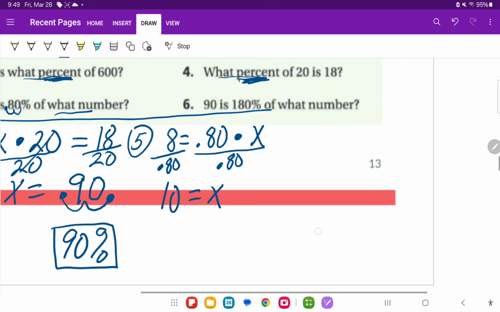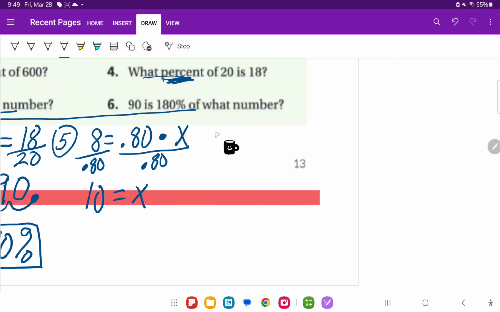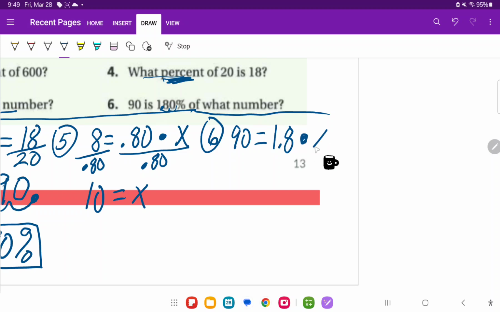All right, and then our last one from this little section, number 6. All right, so we'll go 90 is, and then we have to move the decimal 1, 2. So it's 1.8 of what number?